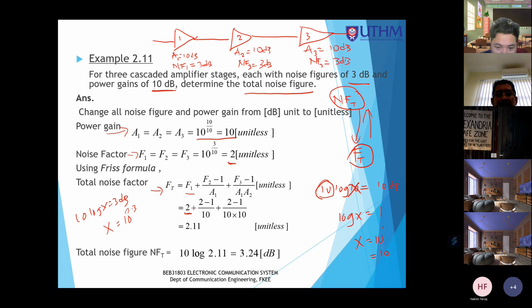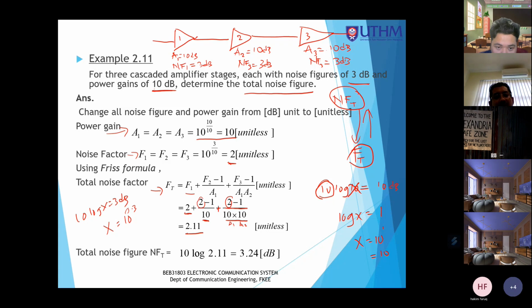F1 2 plus F2 minus 1 divide with the gain of the first amplifier plus F3 minus 1 divide with the total gain of the previous amplifiers. So A1 multiplied with A2. Okay, so you get 2.11 total.